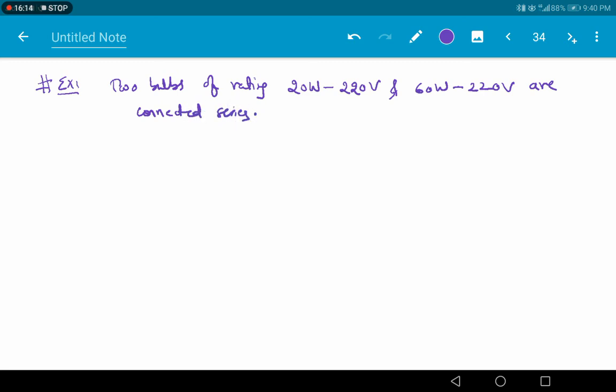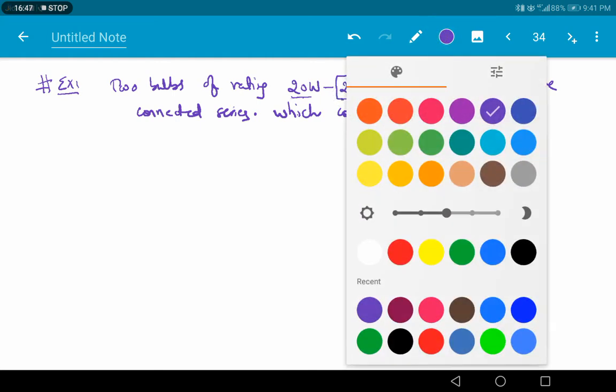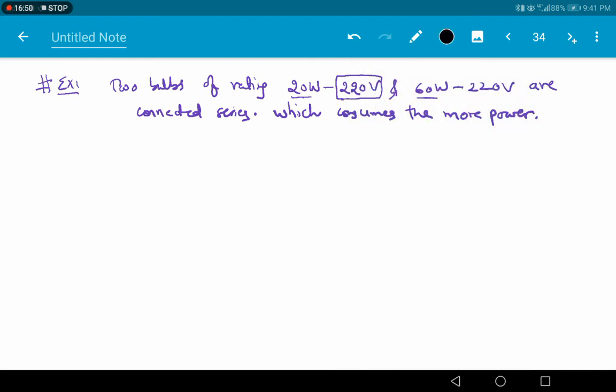They are asking which consumes more power. Sir, the question is clear only. So the 20 watt bulb consumes 20 watt, the 60 watt bulb consumes 60 watt, when you connect them to 220 volt. Then only does it consume that much power: 20 watts of power consumed by this, at 220 volt.